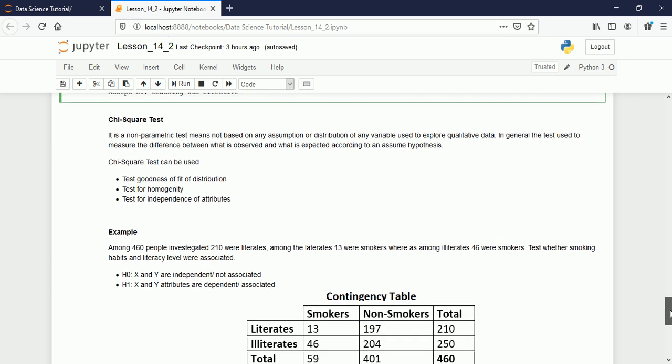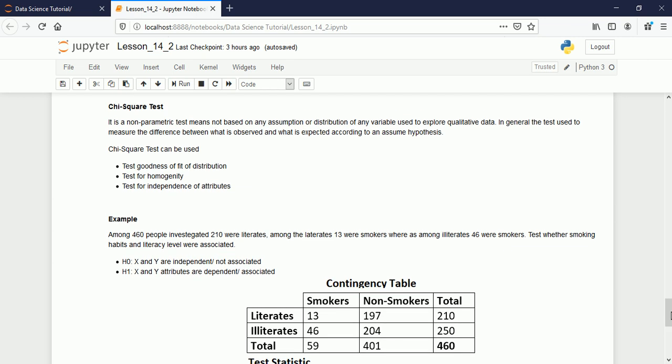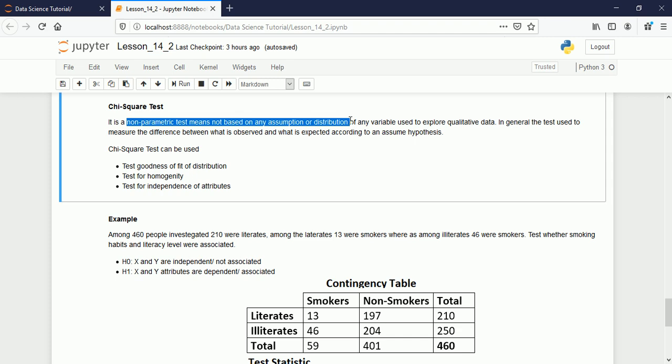Okay friends, then the last test what we have here is called Chi-square. What is this Chi-square? It is a non-parametric test, means it is not based on assumptions like the mean should be given or the data should be normally distributed. It is not based on those assumptions of any variable. It is used to explore qualitative data.